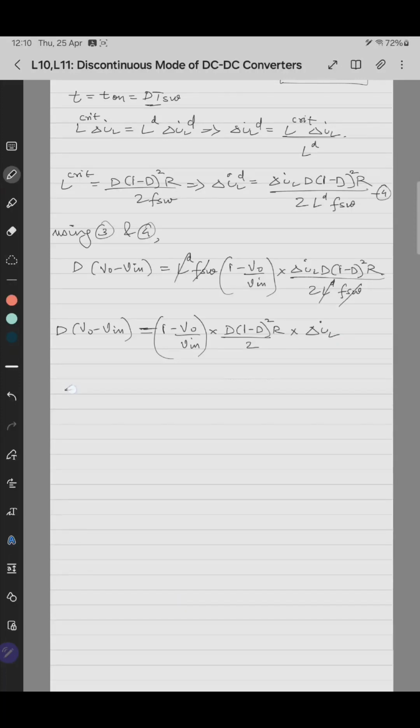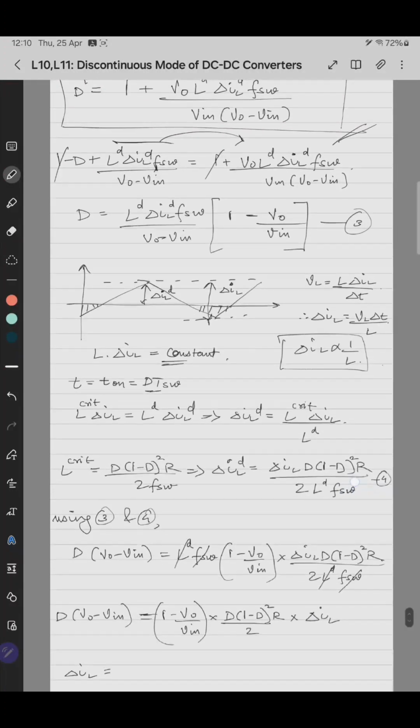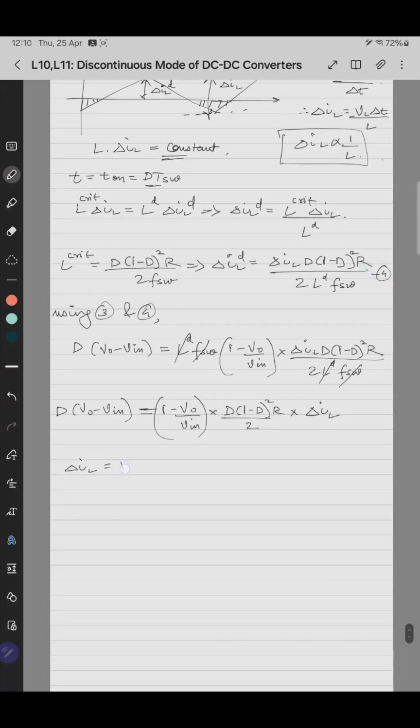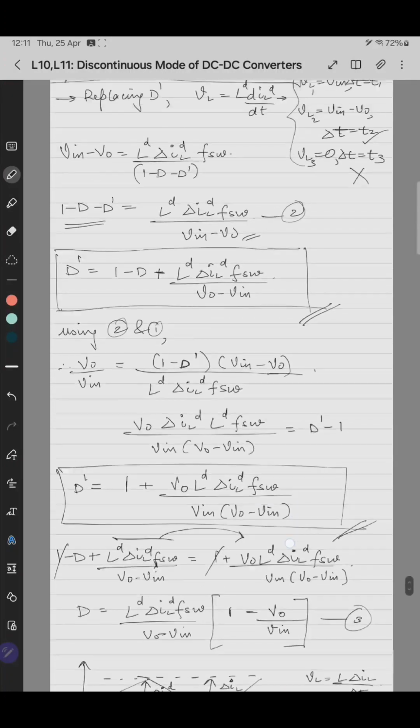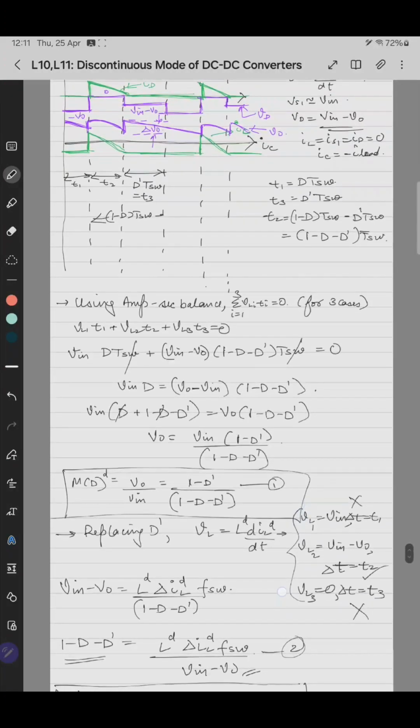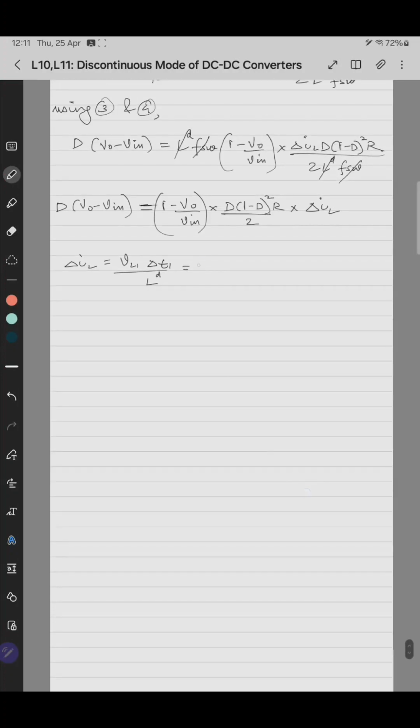So we can write delta I_L as V_L1 into delta T1 by L_D. What is V_L1 when T is T1? T1 is D into T switching. It is V in. So V in into D T switching, that is D by F switching into L_D.